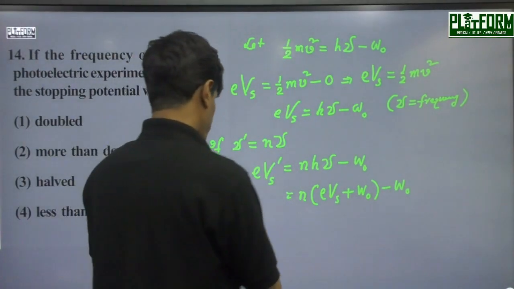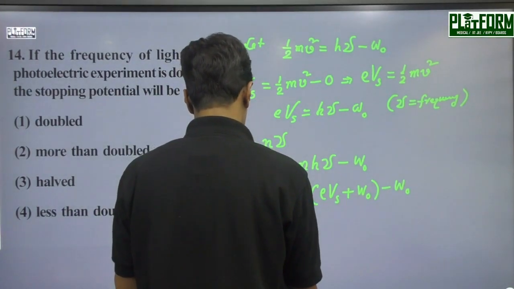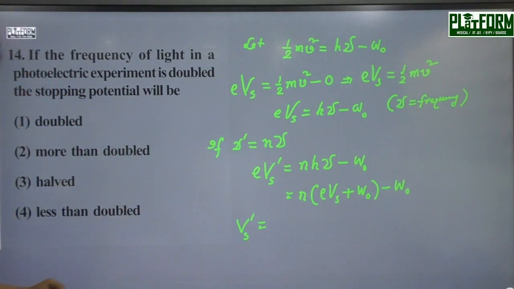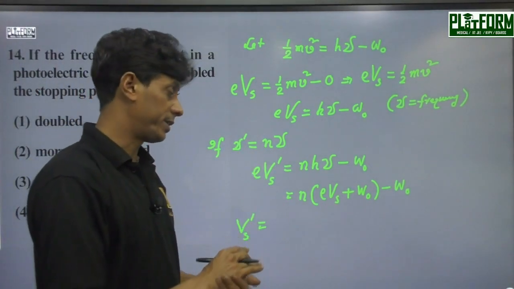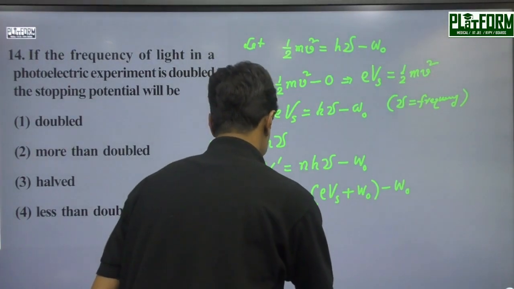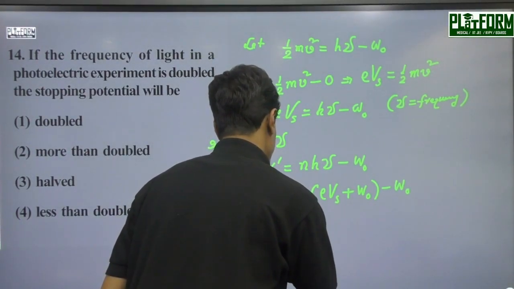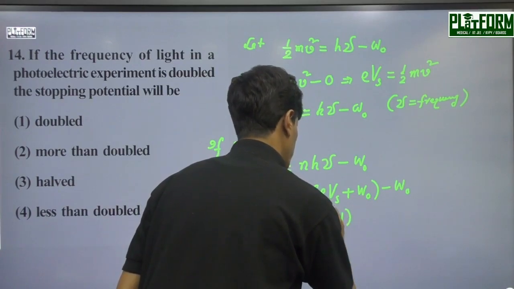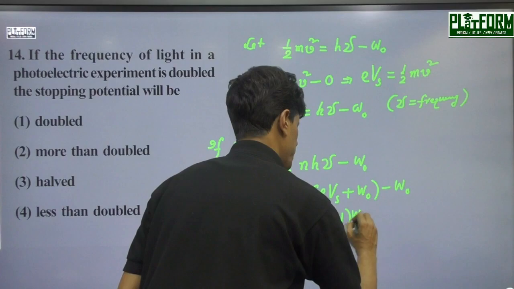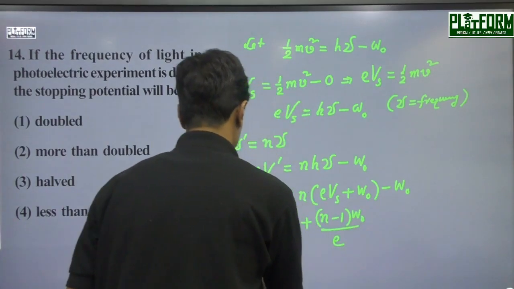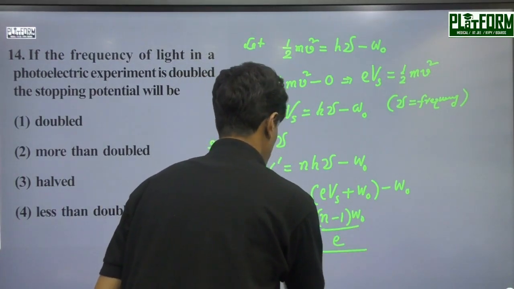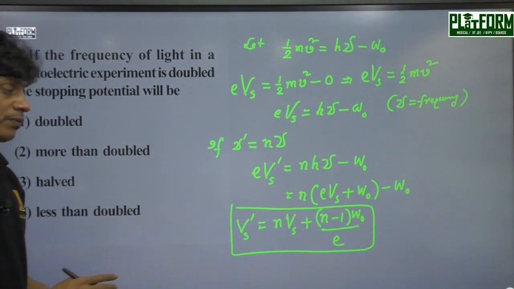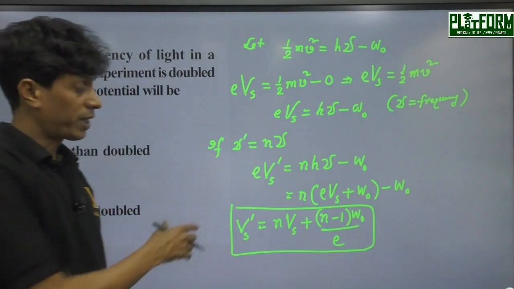So the new stopping potential for a frequency n times greater than the previous is n Vs plus (n minus 1) work function by e. It is a very instrumental, advanced formula you can apply in MCQ type questions.